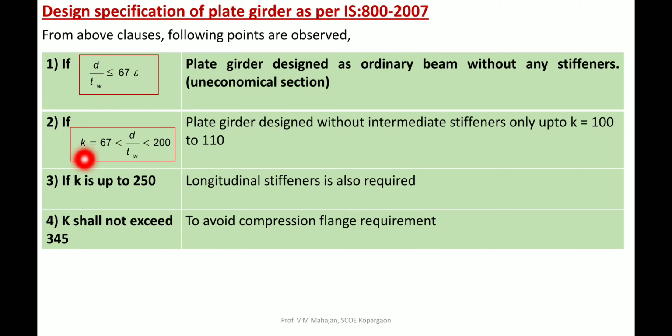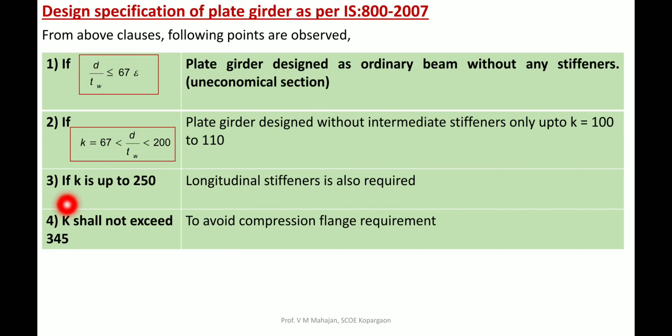The second condition is, whatever the ratio K, constant, 67 less than or equal to D by Tw less than or equal to 200, that girder is designed without intermediate stiffener only up to K equal to 100 to 110.